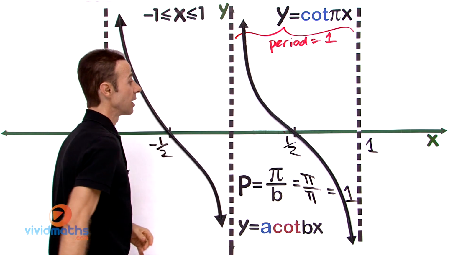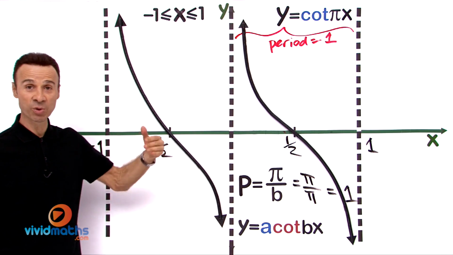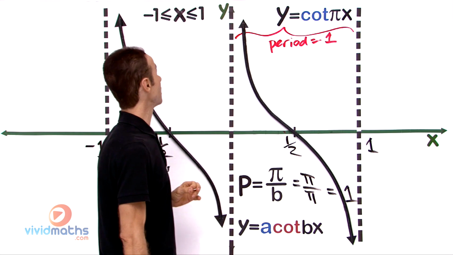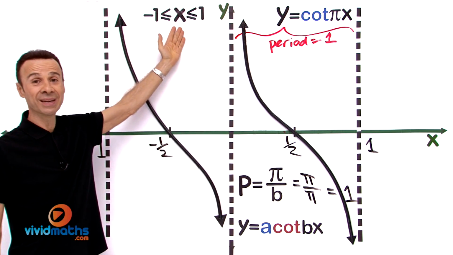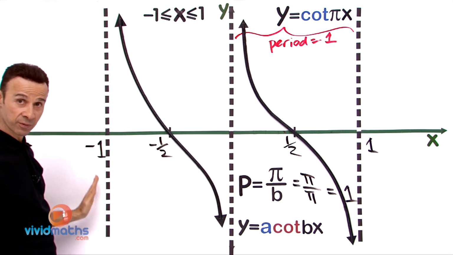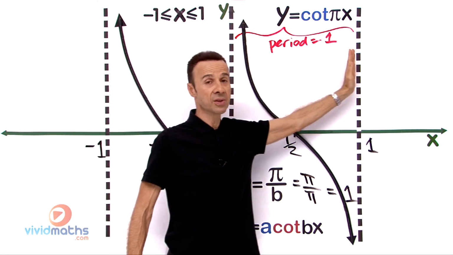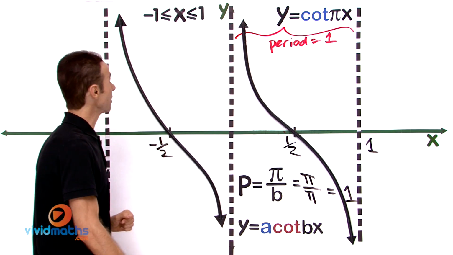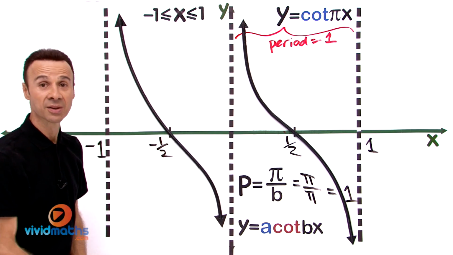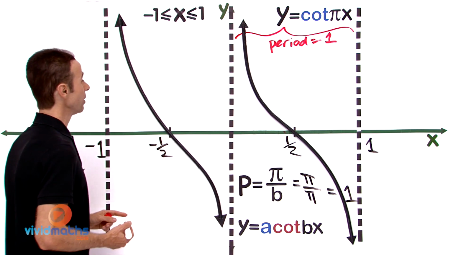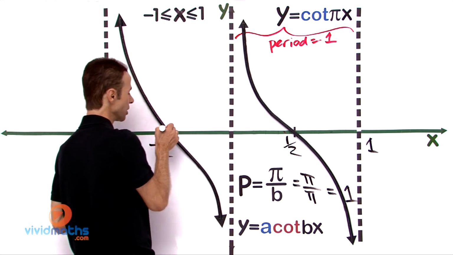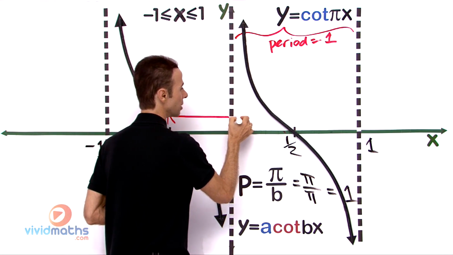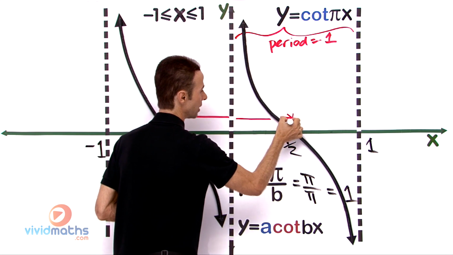So that's cotangent. Let's have another look at the period because it does repeat itself. And we can't go on too far because with this period, we have a limitation of the domain between negative 1, which is this asymptote here, all the way to positive 1, this asymptote right there. So we don't continue past that particular domain. So let's have a look here at the period. I'm going to mark it again so we get a deeper understanding of it. The period here also is between this point on the x-intercept all the way across to this point here, the next intercept.